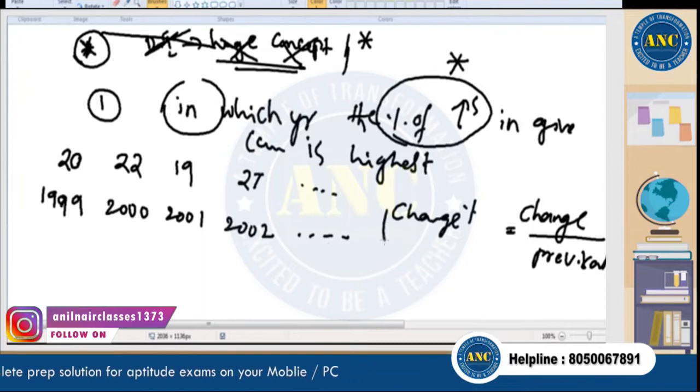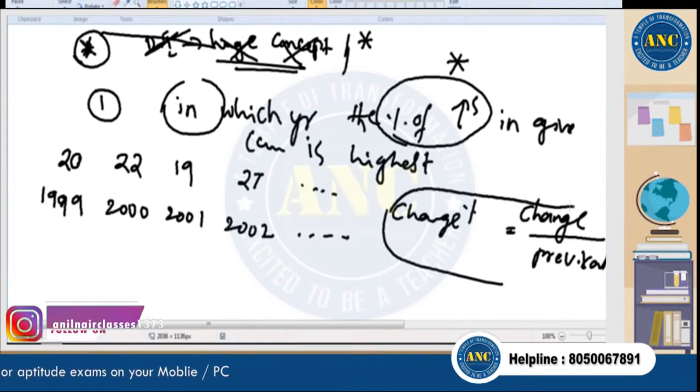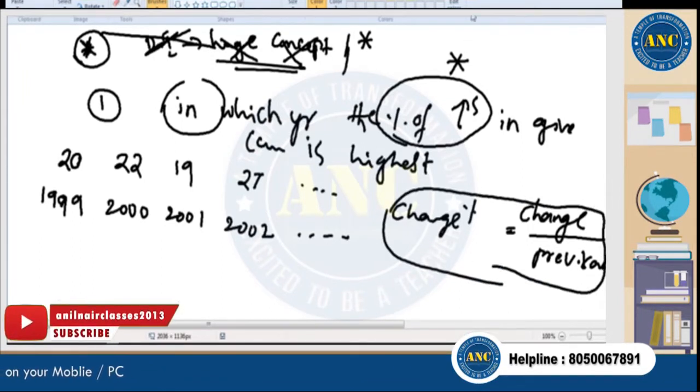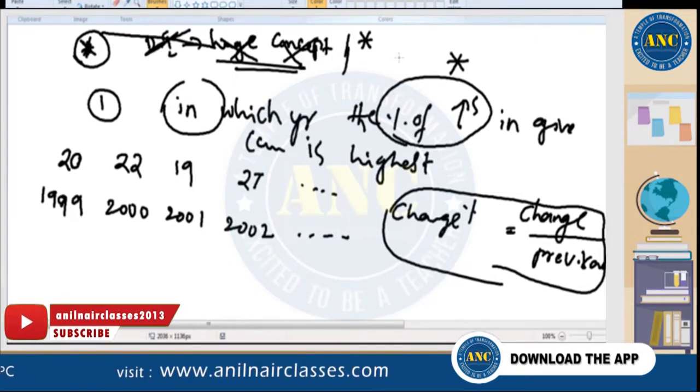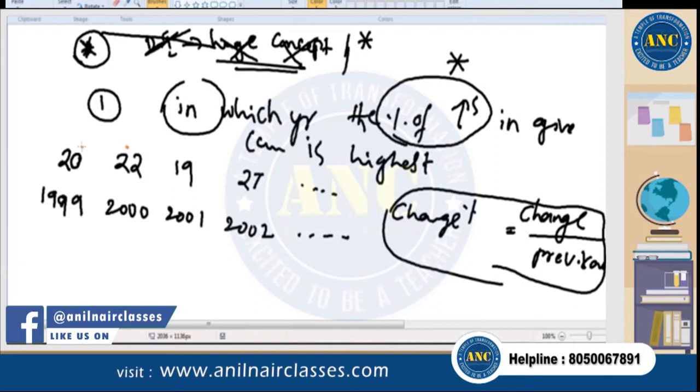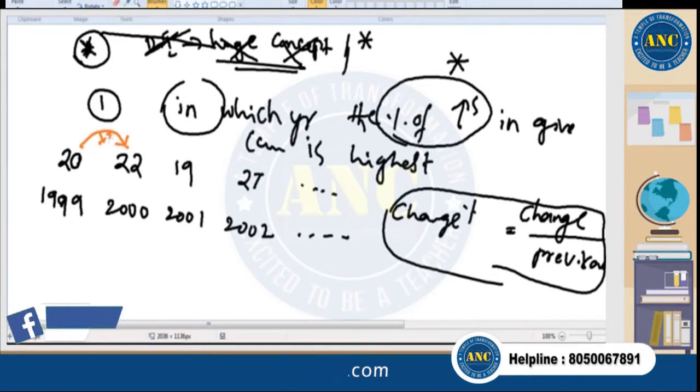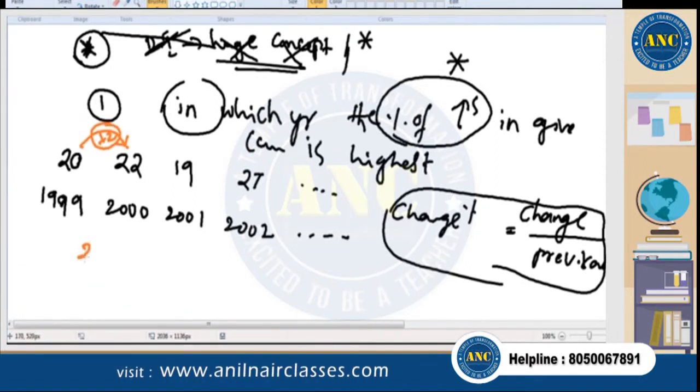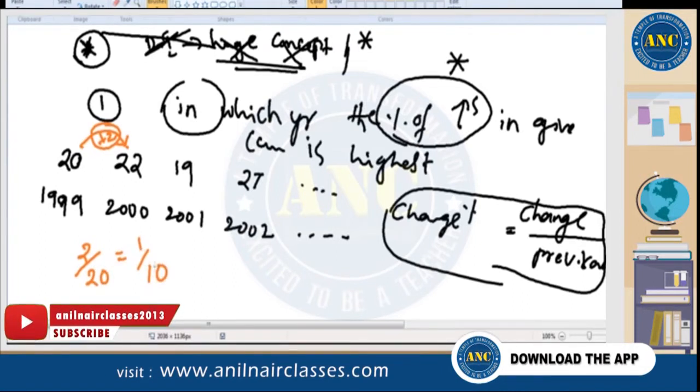If you have to calculate change percentage, you should compare that change with the previous value. Suppose from 20 it became 22. Change is 2, previous value is 20. That is 1 by 10.